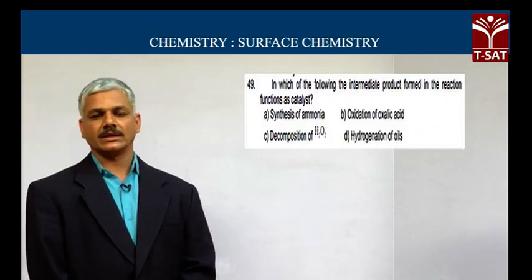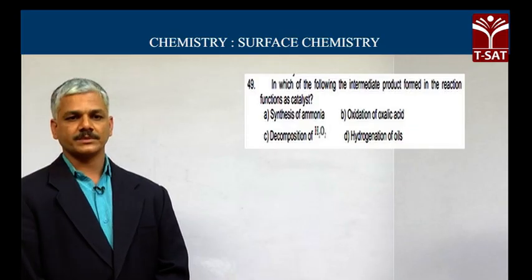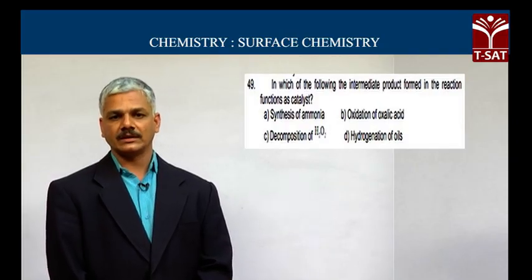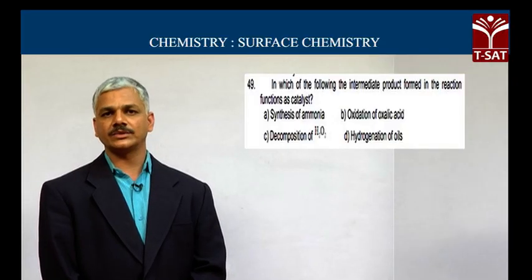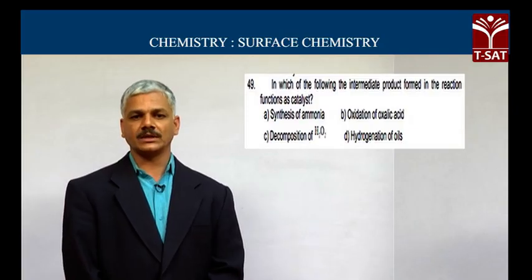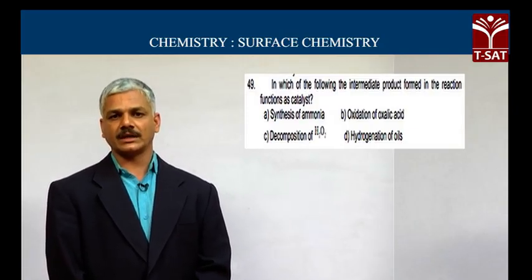49th question. In which of the following the intermediate product formed in the reaction functions as a catalyst? Given options are: A, synthesis of ammonia, B, oxidation of oxalic acid, C, decomposition of hydrogen peroxide, D, hydrogenation of oils. The question is based on the concept of autocatalysis.